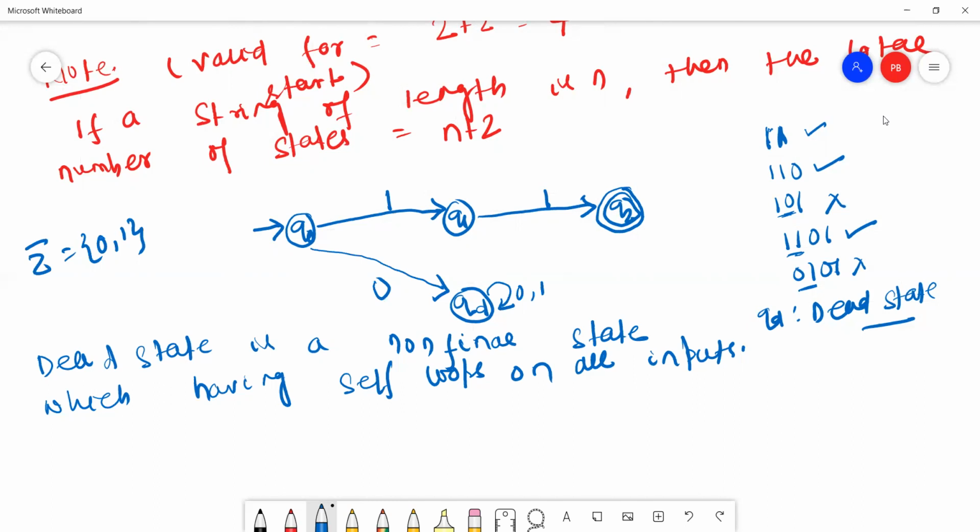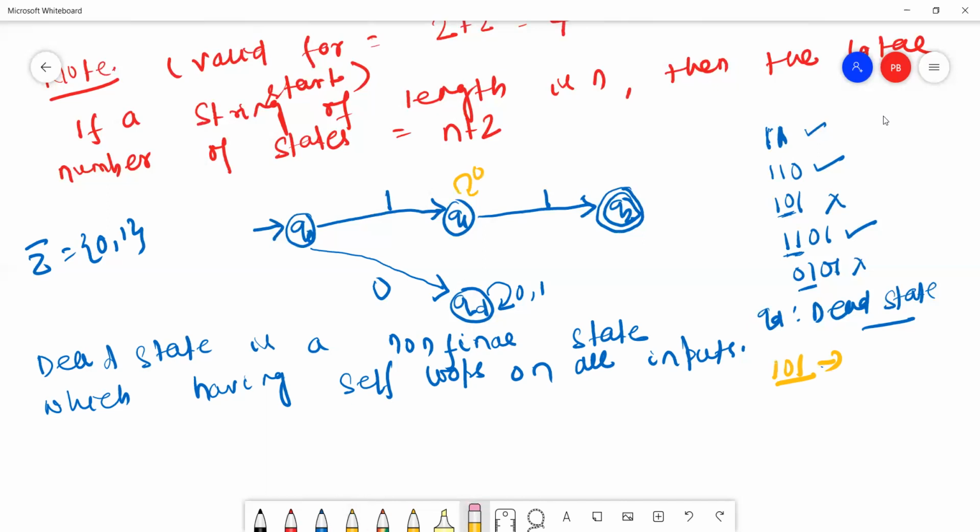Now adjusting Q1: Q0 already reads 1, and now 0 will come. Since every string must start with two 1s, if I take 0 here, the DFA may generate strings like 1 0 1, but that is an invalid string.